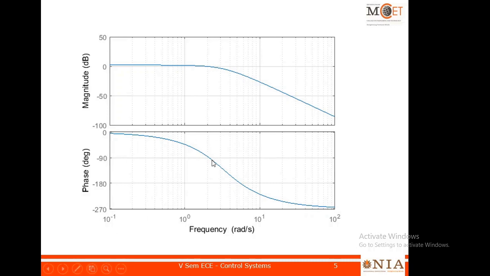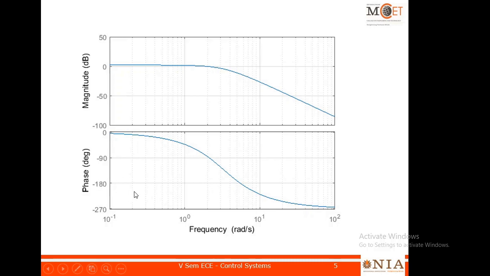This graph will give you a lot of information. We are going to study something called frequency domain specifications, which we will compute from these frequency response curves. Things like at which frequency maximum magnitude occurs, at which frequency there is a cutoff, that is the gain starts to reduce, at which frequency the phase is at minus 180 degrees.